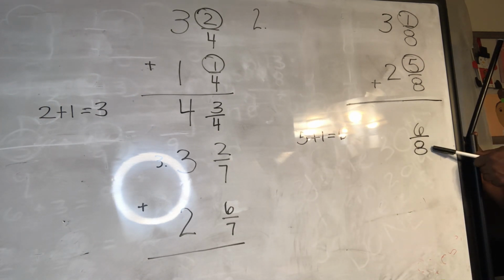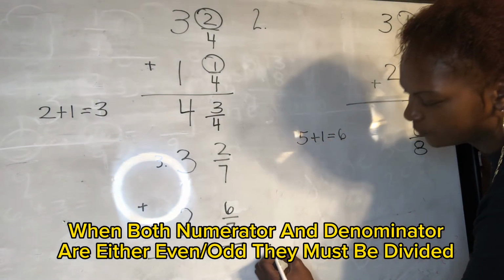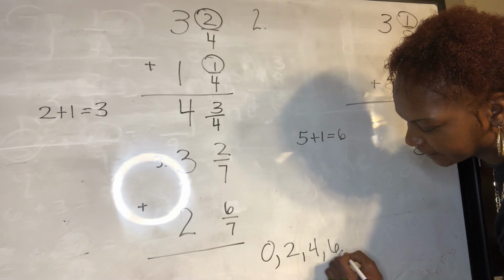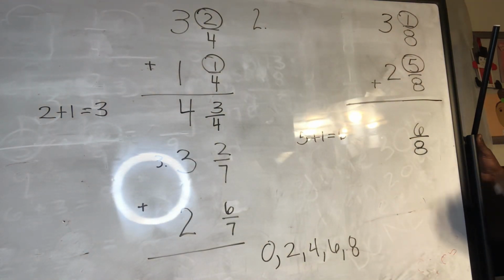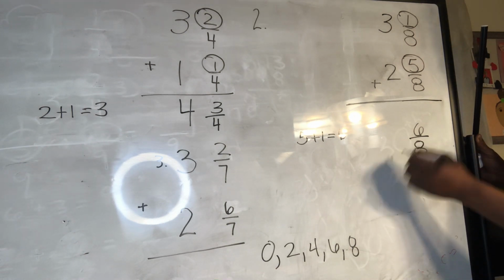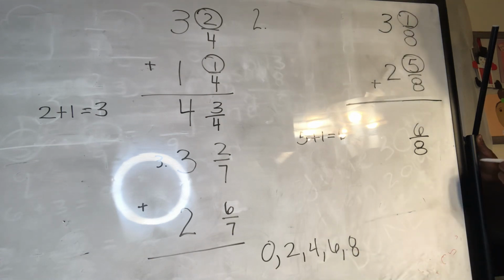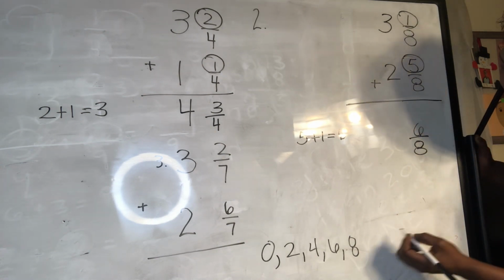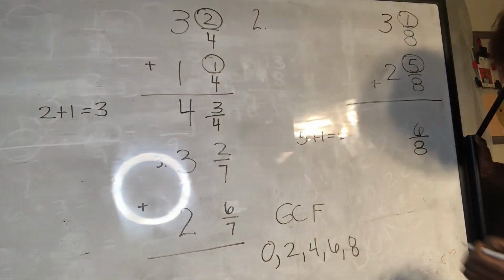We have 6 over 8, but these are both even numbers because our evens, if anyone's forgotten, are 0, 2, 4, 6, and 8. Any of those make the numbers even. We never look at our tens or hundreds. We only look in the ones. So therefore, 6 and 8 are evens. So now we know we have to reduce. What can we reduce by? Once again, we always look for our GCF, and we make our factors.